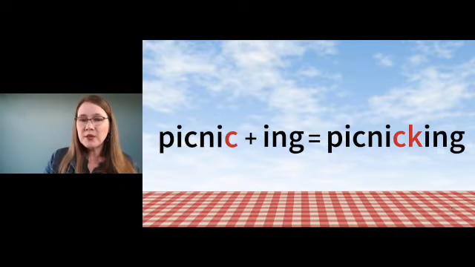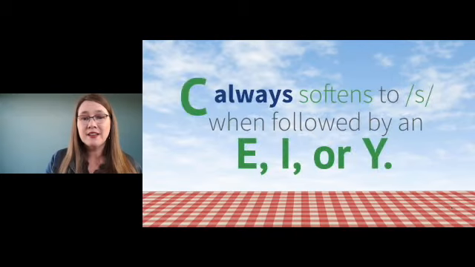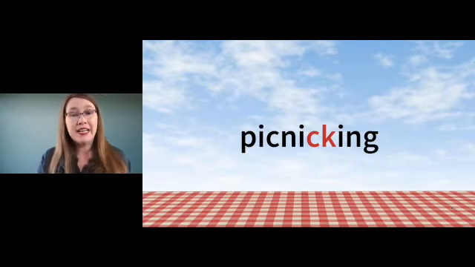So we have the word picnic and we're adding the vowel suffix -ing to make picnicking. But why do we add a K? What would this say? It would say "picnicing" because C always softens to s when followed by an E, I, or Y. And so we need to add a K so it says picnicking as we actually say it.